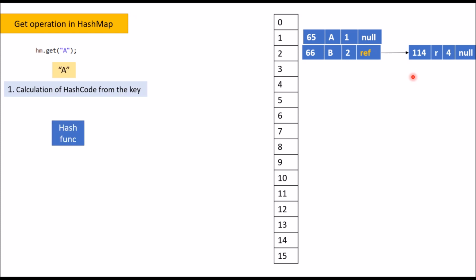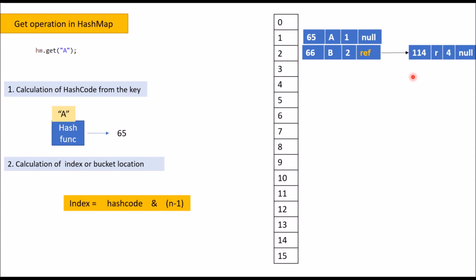So pass the key to the function to calculate the hash code. Second step would be calculation of index or bucket location. Again same formula, index equal to hash code binary AND operation with n-1. Pass the value of hash code, pass the value of n-1, you will get the index.